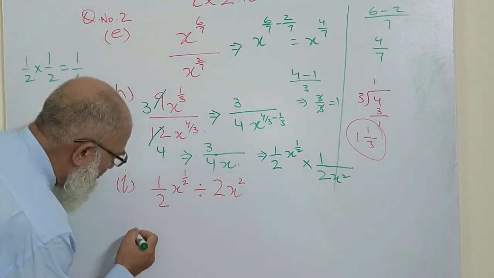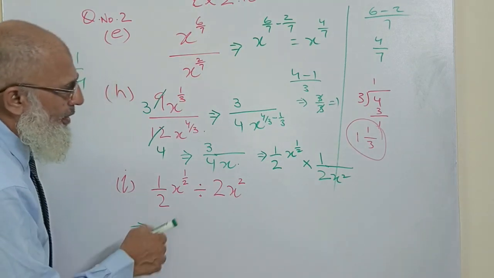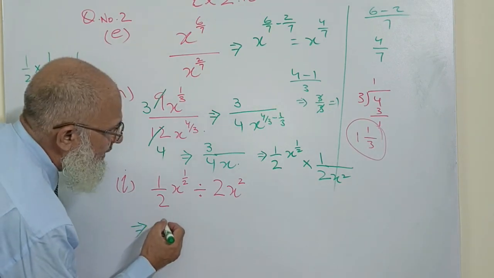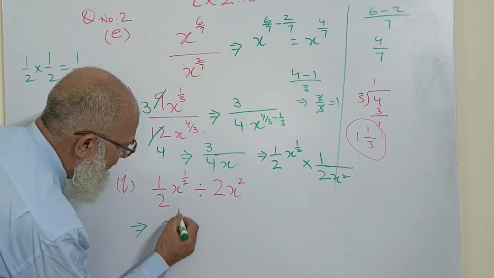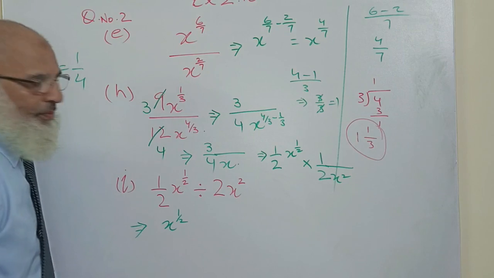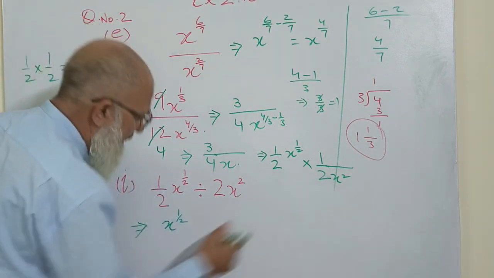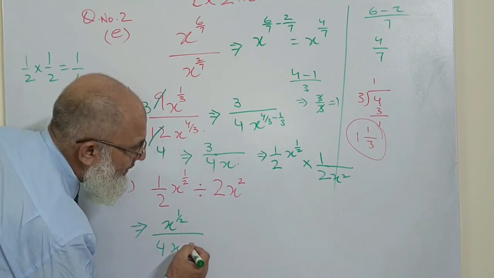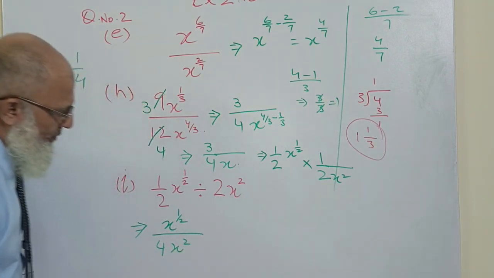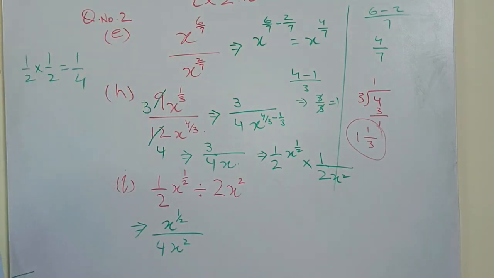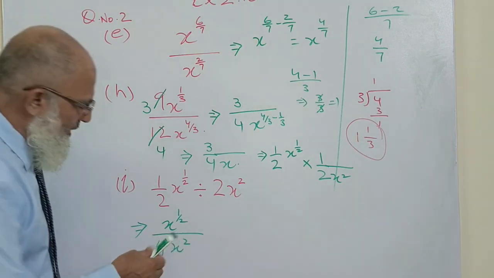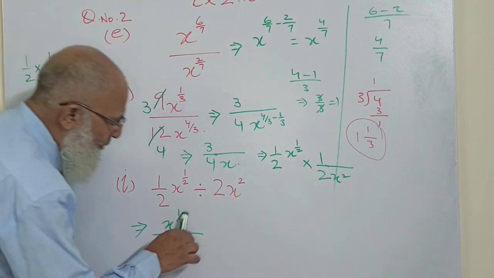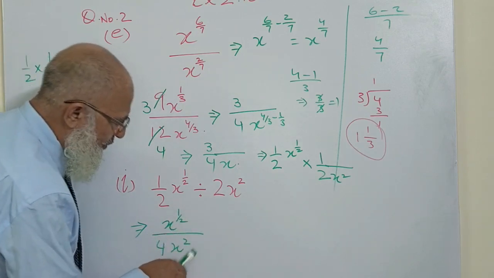So similarly, what will happen over here? In the first step, x^2 and x^(1/2) and 4x^2. And again, using your common sense, x^2 is greater than x^(1/2), so we'll bring this over here.